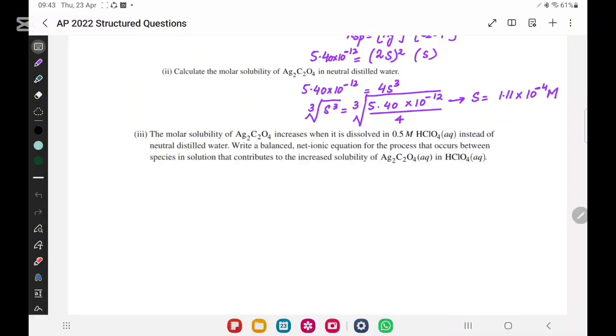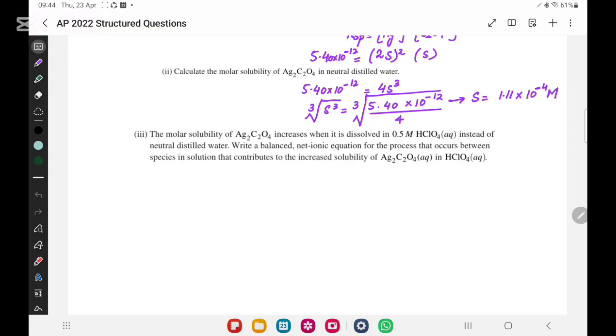In this question they are asking about the molar solubility of Ag2C2O4, which increases when it is dissolved in 0.5 molar HClO4 instead of neutral distilled water. Write a balanced net ionic equation for the process that occurs between species in solution that contributes to the increased solubility of Ag2C2O4 in HClO4.